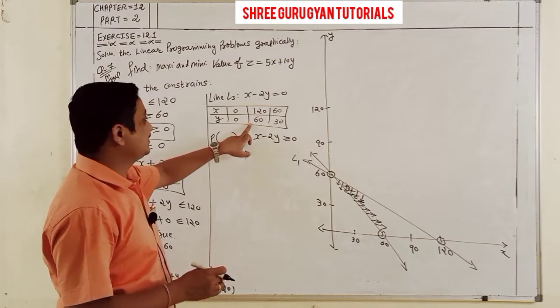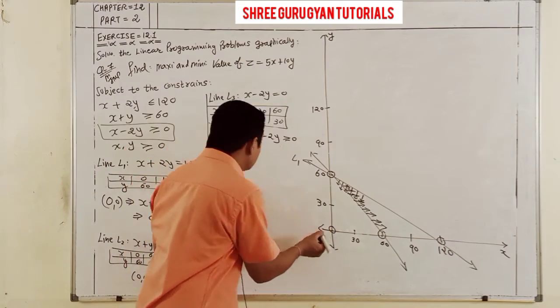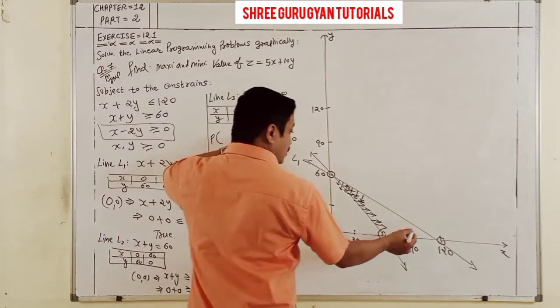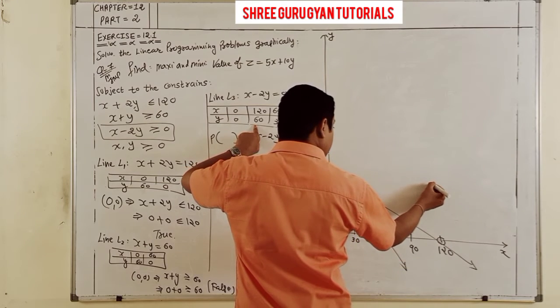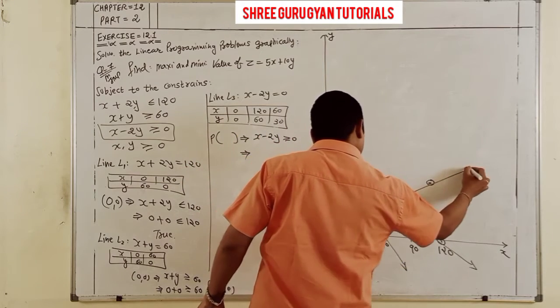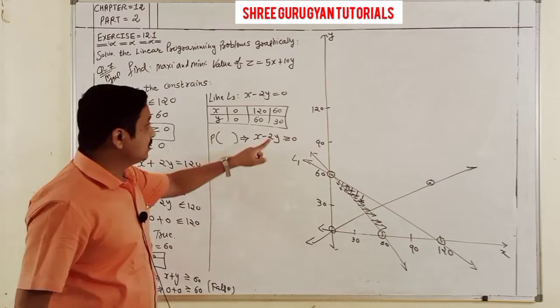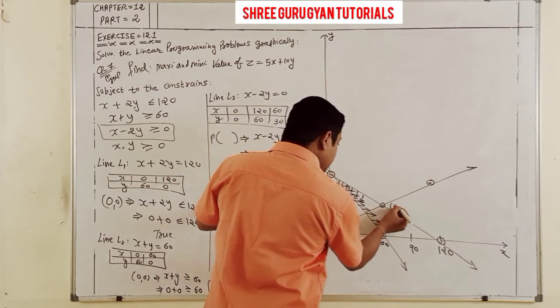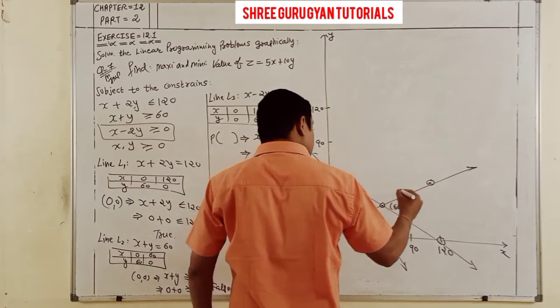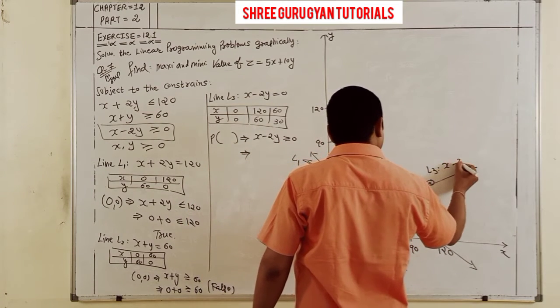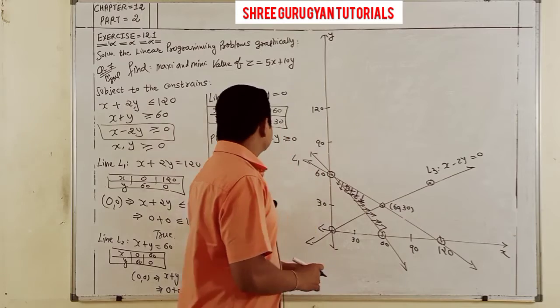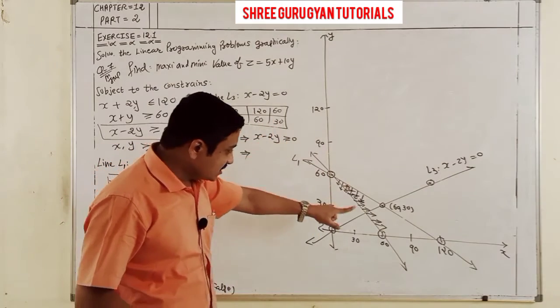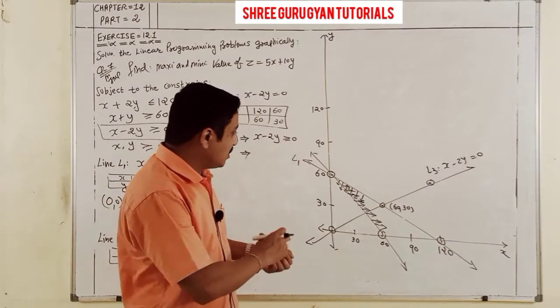And the third one, 0 0 here, 120 to 60. This side you are passing through the lines. And third, 60 to 30. Here 60, definitely it is 30. It is (60, 30). Just I will check my L3 line, x minus 2y is equal to 0. Put x is 60, y is 30, and it intersects the same point as line L1.